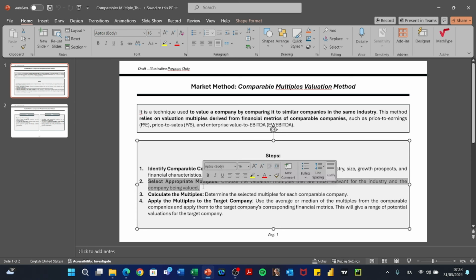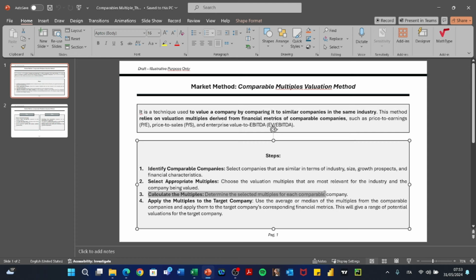In our case, I've decided to use the most used, which are enterprise value on revenue, on EBITDA, on EBIT, and the price to earnings. Then you calculate the multiples of each comparable company. You decide what metric you want to use, such as the average, the minimum, or a percentile, and then you apply the multiple you have obtained to the target company. The suggestion is to use the average or the median.